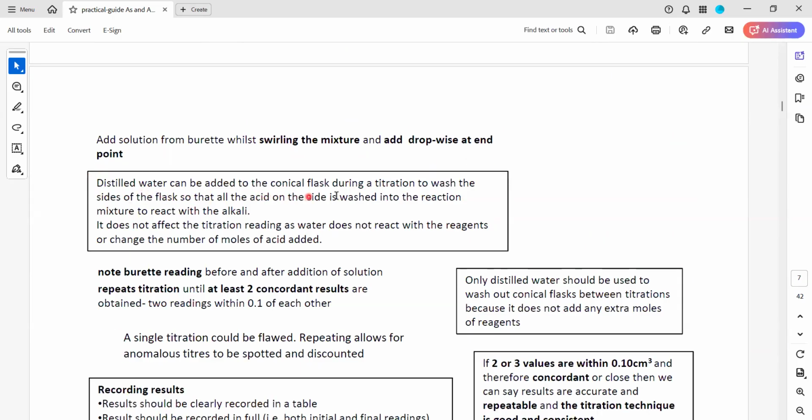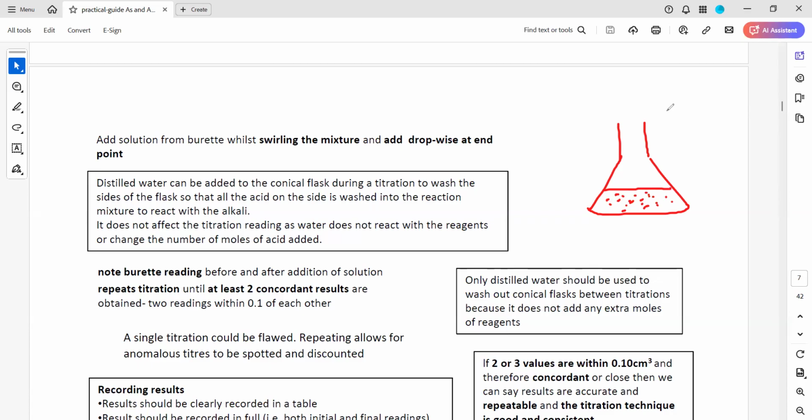Distilled water can be added into a conical flask during a titration to wash the sides of the flask after every titer, and it does not affect the titration, because it is the moles which are reacting. The moles which are reacting depend on the number of moles of a substance rather than a concentration.